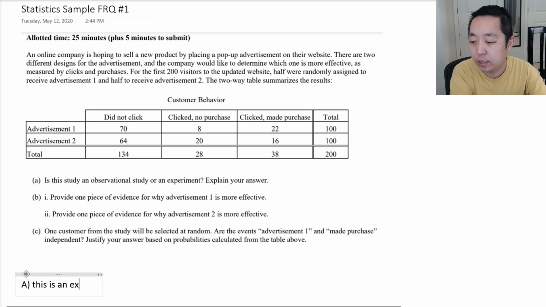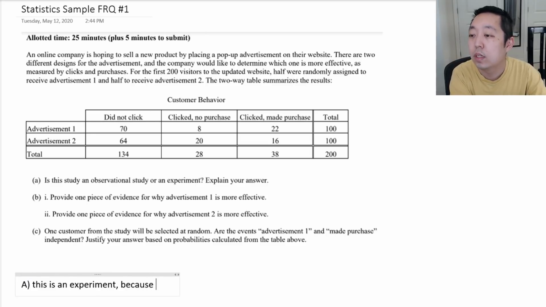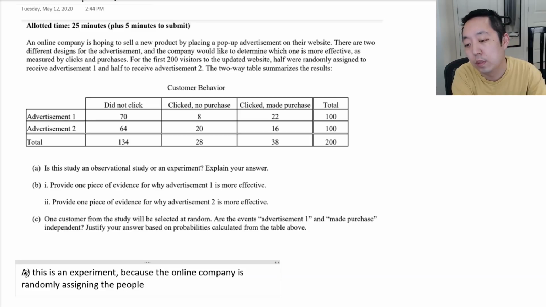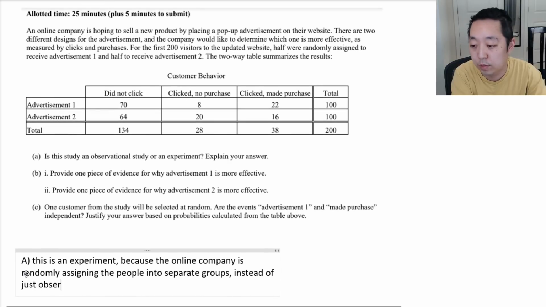Okay, so I would say this is an experiment because the online company is randomly assigning the people into separate groups instead of just observing which groups they fall into.